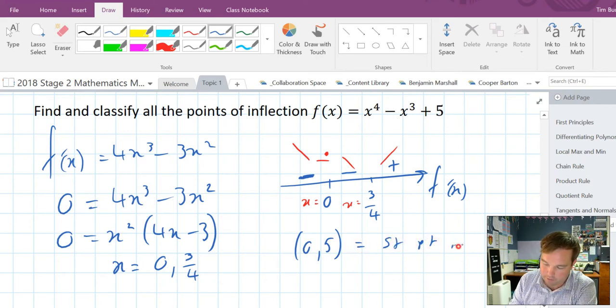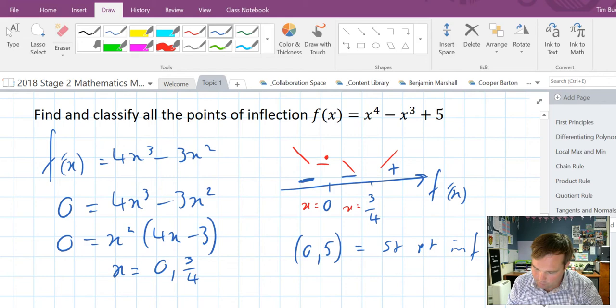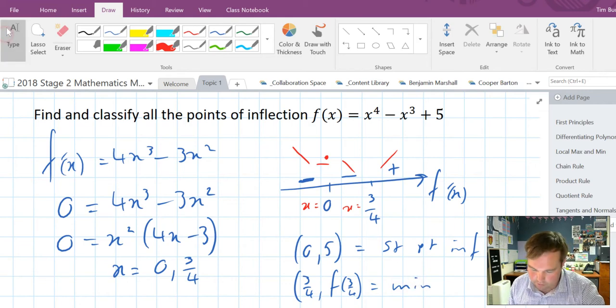Then we can sub in 3/4 into there, which is not going to come out beautifully, so I'm just going to write it in shorthand here: 3/4 and whatever f of 3/4 actually is, is going to be a minimum. So that's a stationary point of inflection and a minimum.